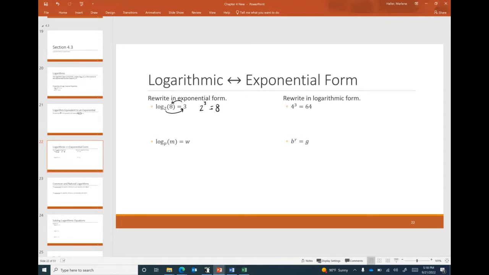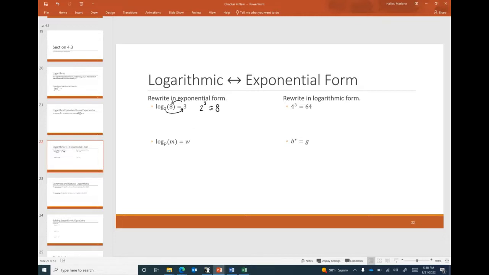The base stays the same. These are equivalent statements. So we can see that this logarithmic expression will simplify to the exponent in its equivalent exponential form.